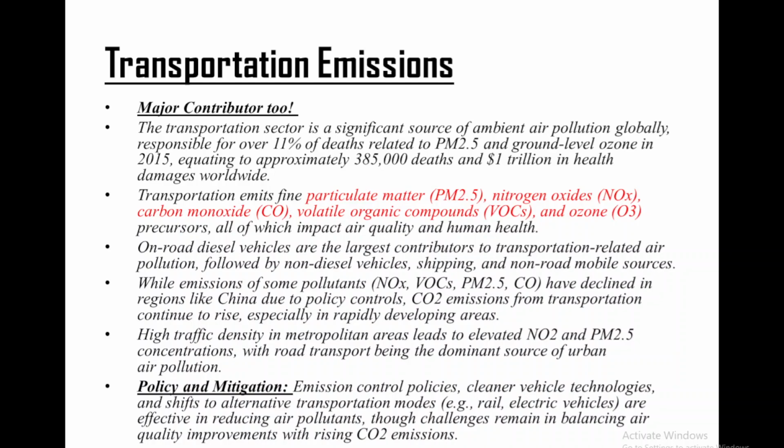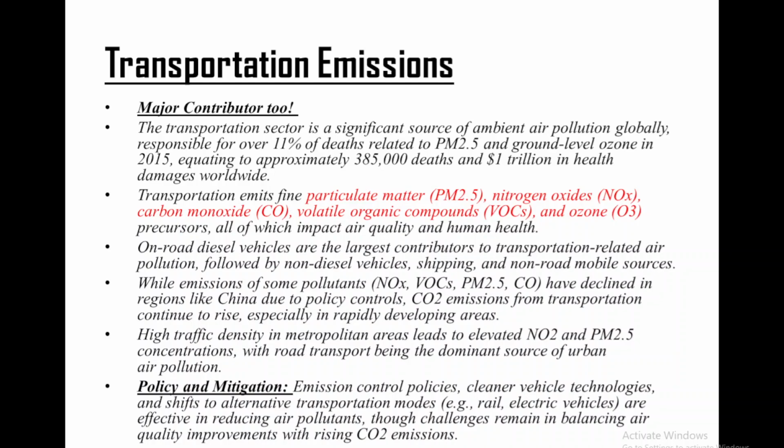If we talk in global terms, transportation emissions have shown varied trends. For example, stringent vehicle emission norms in Europe and North America have helped, but in many parts of Asia and Africa, rapid growth in vehicle numbers has outpaced regulatory control, resulting in worsening air quality.